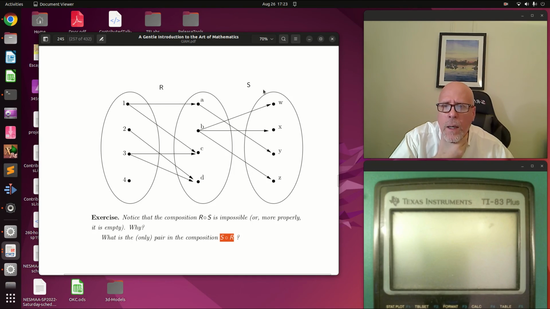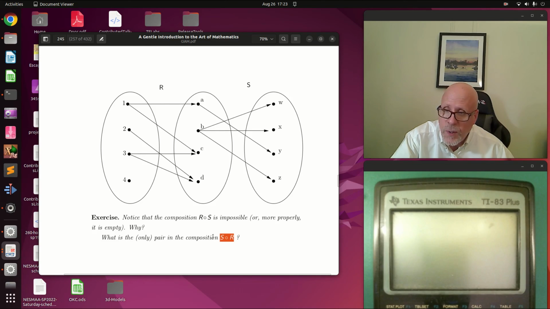Well, because the codomain of S is these four letters W, X, Y, and Z, and that would need to be the domain of R if we were to compose it in the other direction. If you stick an early alphabet letter into S, you get a late alphabet letter, and then you try to stick that into R, but R's inputs are numbers. It just breaks. So that composition is impossible.